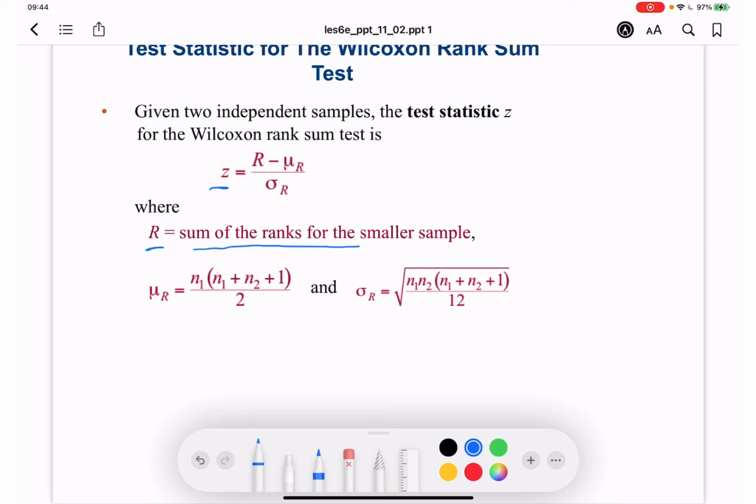We will learn how to calculate it. Mu R is the average for these ranks, calculated using this formula, and the standard deviation is going to be calculated through this formula.